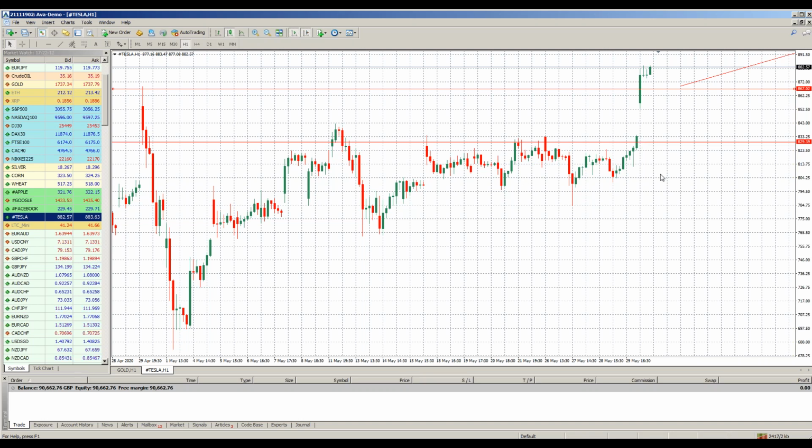Okay, and so this distance back down from 867 to 829, or if you go from the current price to 829, all right, risking 30, 40, 50 dollars per share.